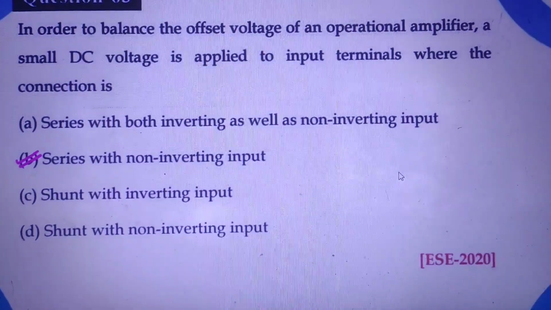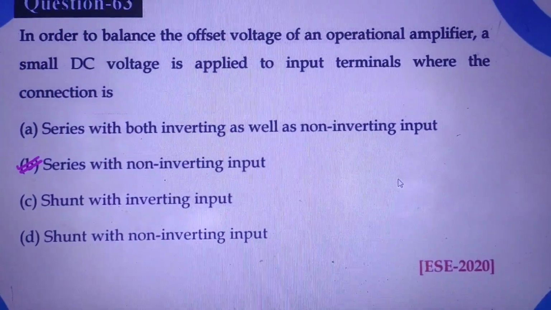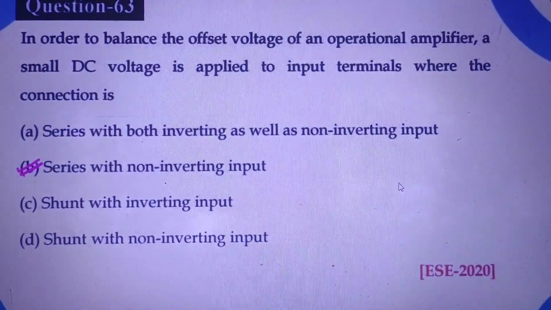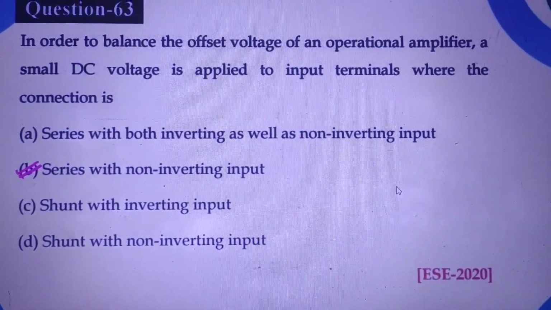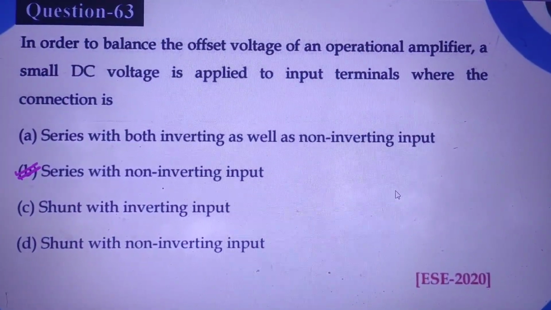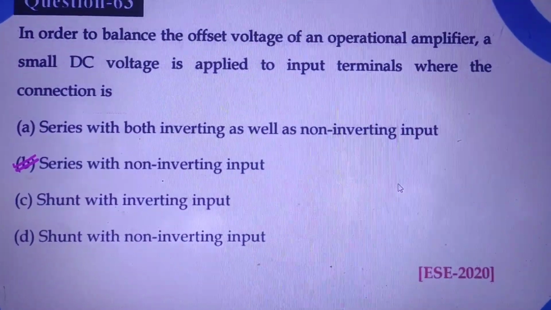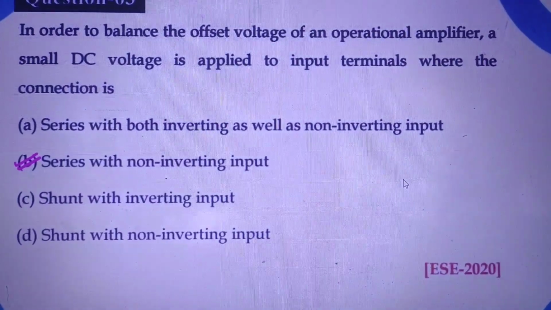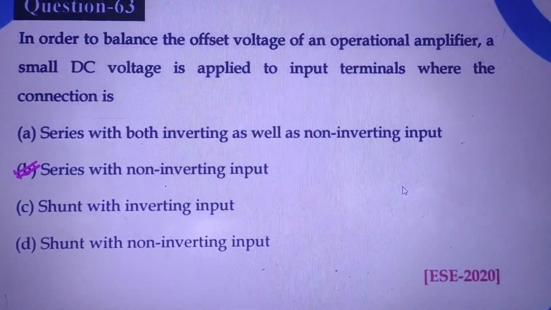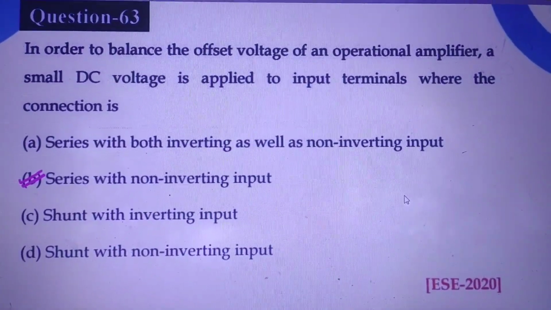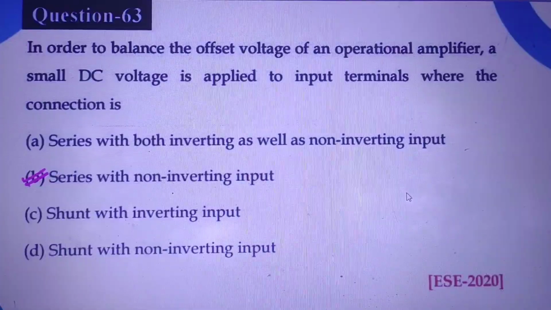To balance the offset voltage of an op amp, a small DC voltage is applied to the input terminals, where the connection is in series with the non-inverting input. Non-inverting input means in series with the positive terminal. Same as in DC motors, as a residual flux, a small DC voltage is applied to the input terminals in order to balance the offset voltage.